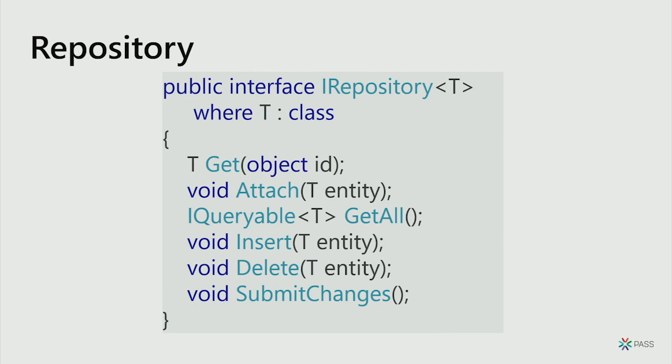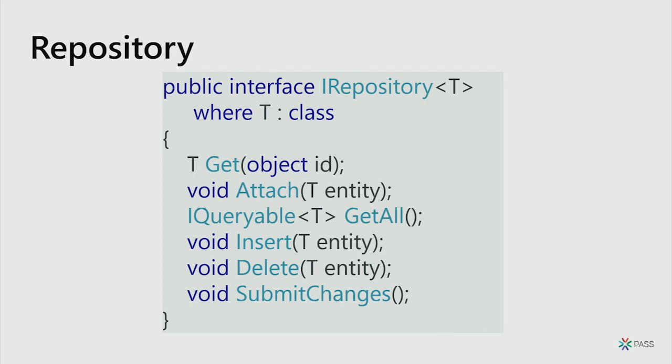So each time I want to do a customer, or each time I want to do an order, it's going to have a repository that's going to get, it's going to have insert, it's going to have a delete, it's going to have a way of saving, and getting all, right? And maybe that get all is going to be a queryable, so I could extend that to say, well, don't get all of them from the database. Let me only get those that meet this particular criteria, right? So we have the ability to extend that type of thing.